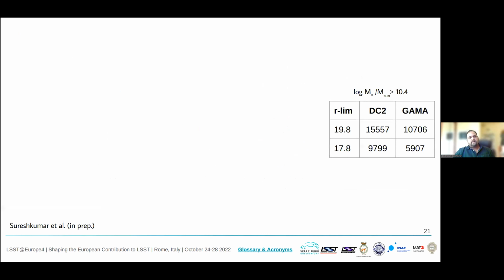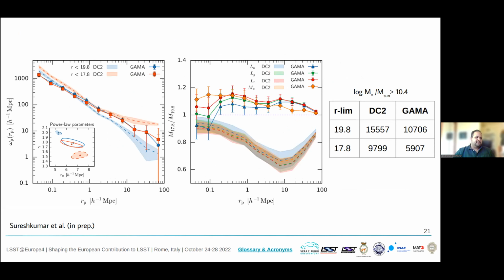We also ran a trial exploring the influence of flux limit, the ratio of brighter and fainter flux limits for the Mark correlation function, and we see the same effect in DC2 but in a different way. This is a preliminary result and we would like to explore it further.